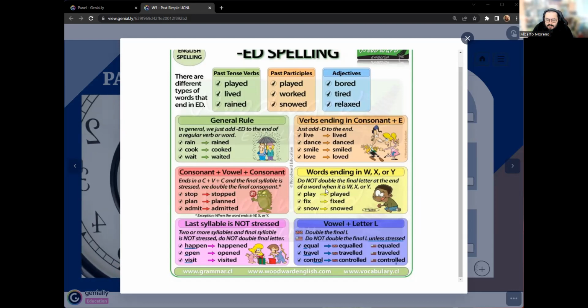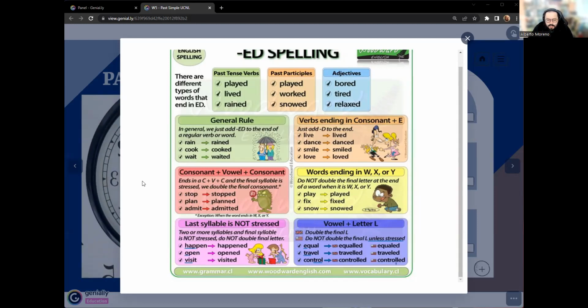For words ending in W, X, or Y, we do not double the last letter, just add the ed ending. So play is played, fix is fixed, snow is snowed.